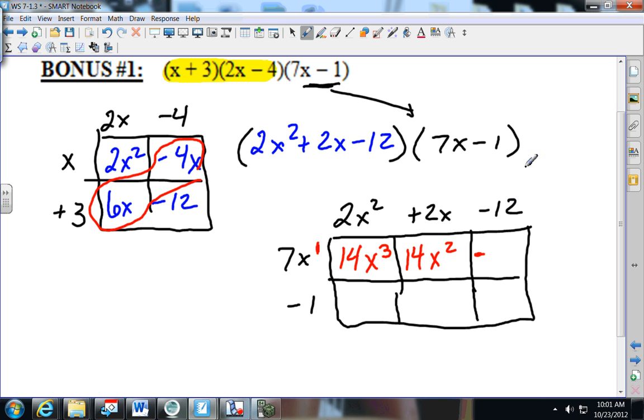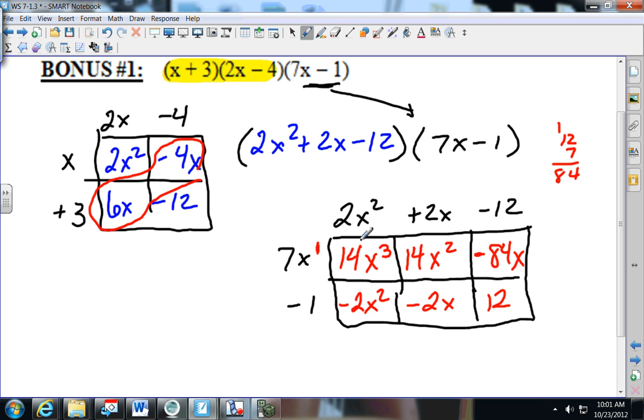What is that? 12 times 7, 4 and a 1. So it's negative 84x. Come down here. Negative 1 times 2x squared, negative 2x squared. Negative 1 times 2x, negative 2x. Negative 1 times negative 12 is a positive 12.